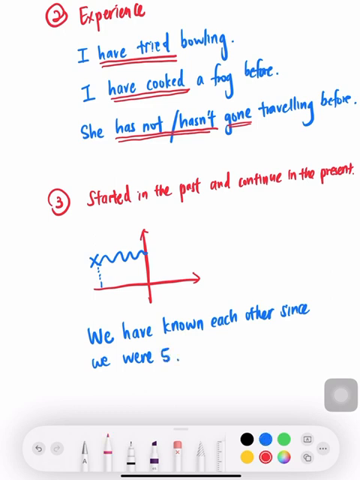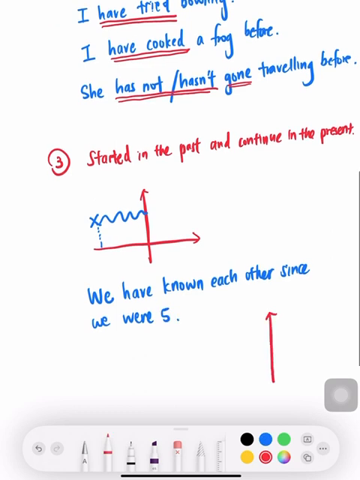When did we know each other? Definitely it was when we were 5 years old. At this point of time, we knew each other. And what about now? We know each other from the time when we were 5 until now. We still know each other. So this explains it: we have known each other. In this case, we can actually use present perfect tense.